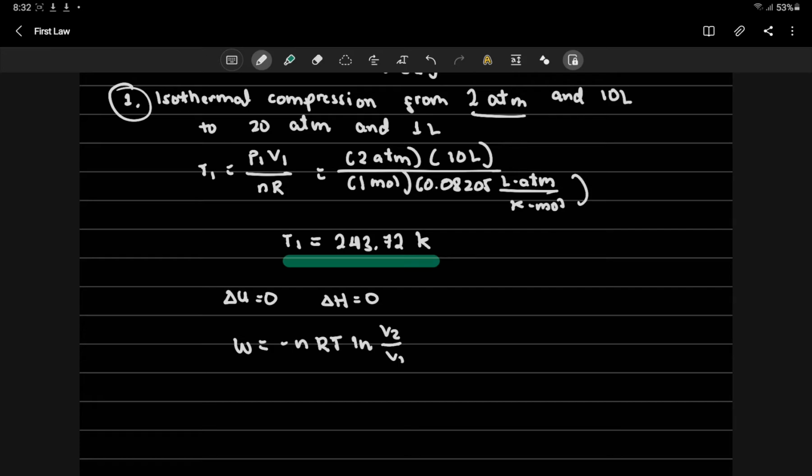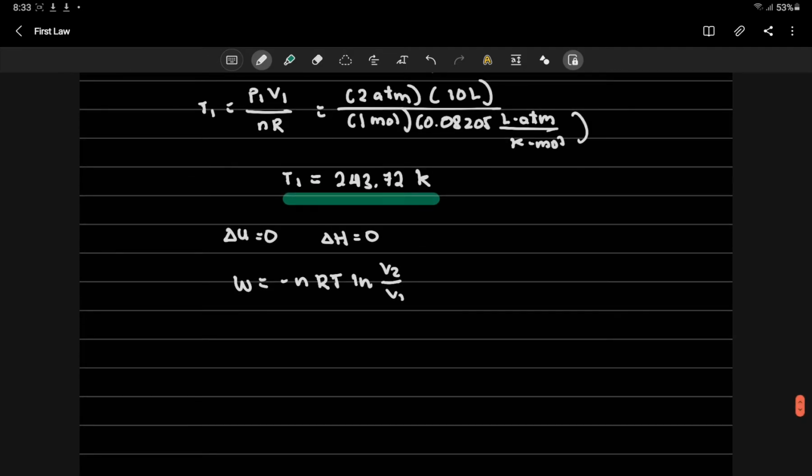If you haven't memorized this, you just need to derive that expression from our equations. So, doing this or substituting what we have so far, so negative 1 mole, and right now hindi ko nalalagay yung unit. Well, that's a bad idea.